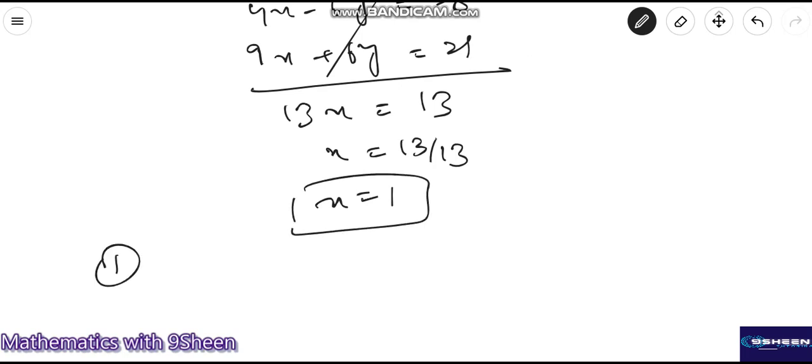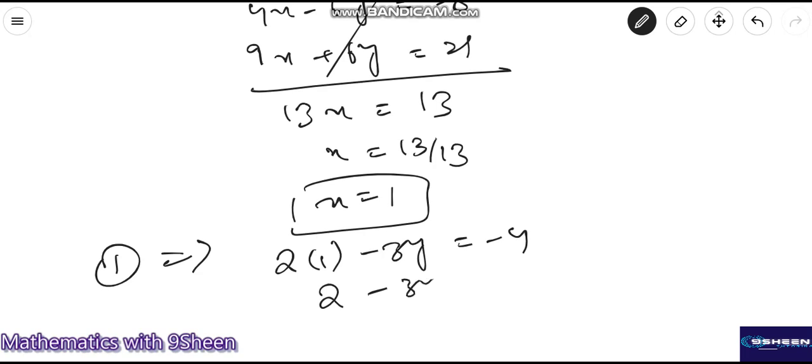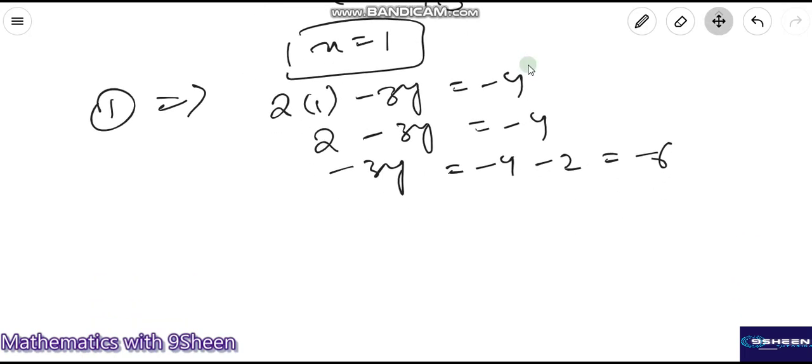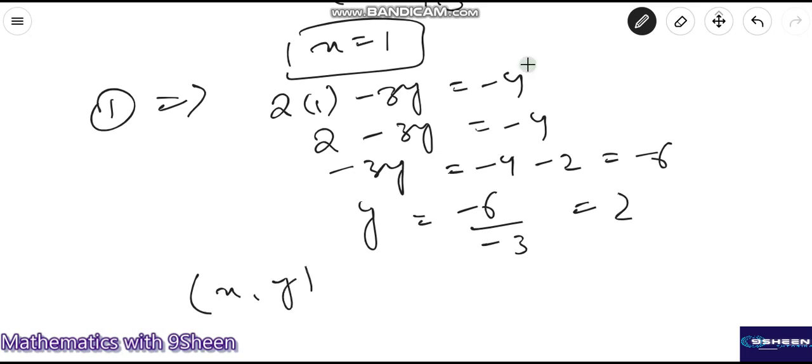Substitute the value of x as 1 in 2x minus 3y equals minus 4. 2 times 1 is 2, minus 3y is equal to minus 4. Minus 3y is equal to minus 4 minus 2, which is minus 6. Now y is equal to minus 6 by minus 3, that's why 2. Now x and y are 1 and 2.